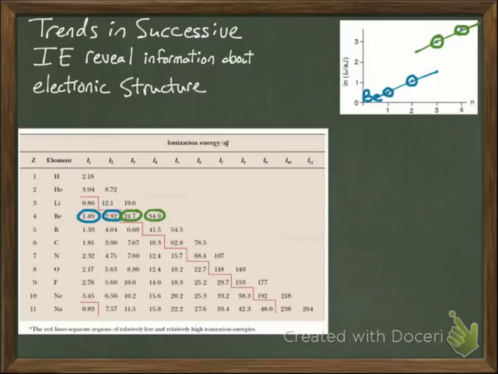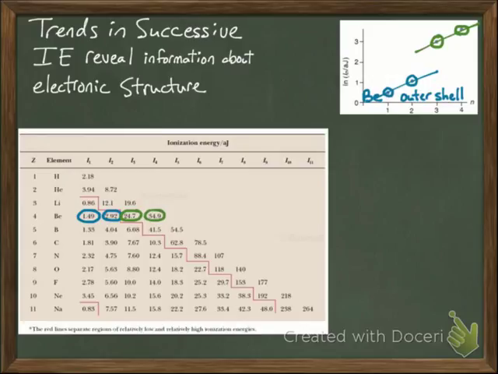And of course, this is not just due to the beryllium going from neutral to +1 to +2 to +3, because if that were the case, we would expect the trend to be a little more regular and not to have this big jump shown here in the ionization energy.